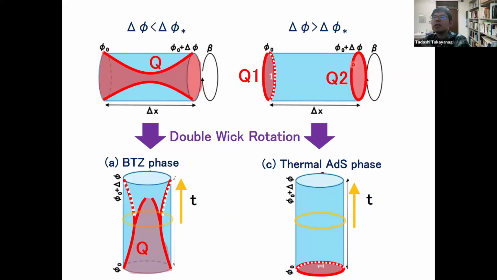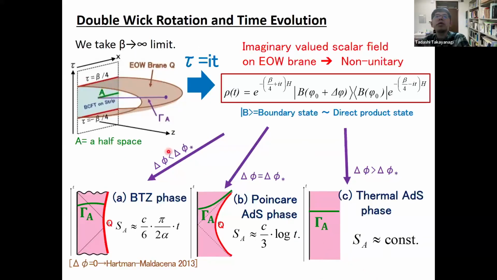Beta is the inverse temperature, but here it's just a space direction, the length of the space compactification, taken to be infinite. Then for subsystem A, the entanglement entropy is computed by connecting this endpoint to some point on the end-of-the-world brane, fixed by extremization.